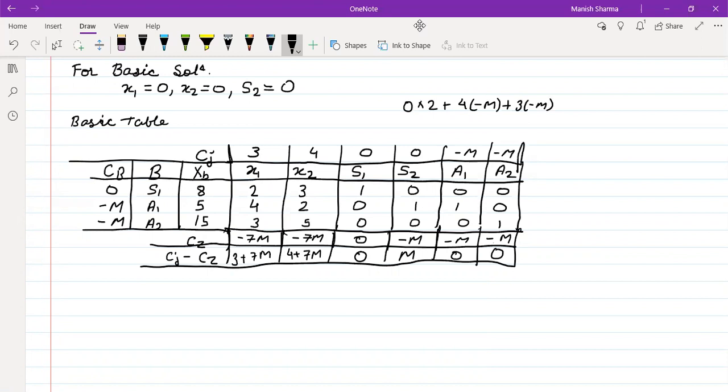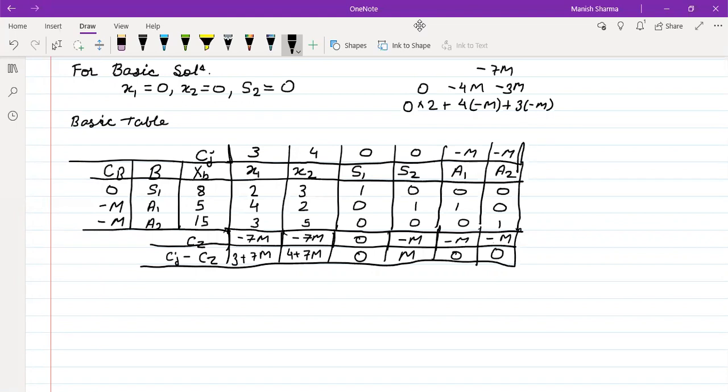So 0 into 2 will be 0. 4 into minus M will be minus 4M. 3 into minus M will be minus 3M. So this will be equal to minus 7M. Correct? Is it clear now? This column is to be multiplied with this column.